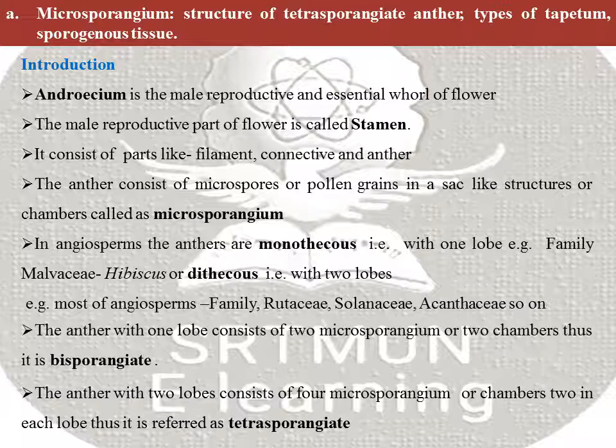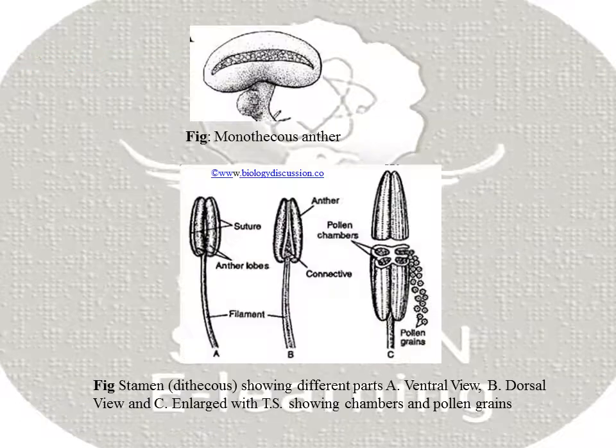The anther with one lobe consists of two microsporangia or two chambers, thus it is bisporangiate. The anther with two lobes consists of four microsporangia or chambers, two in each lobe, thus it is referred to as tetrasporangiate.